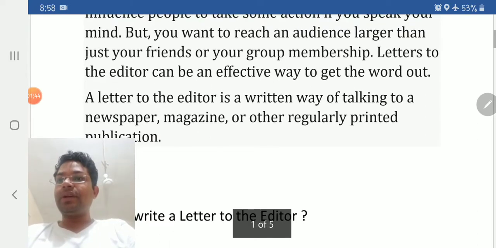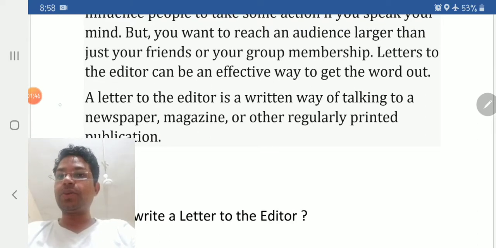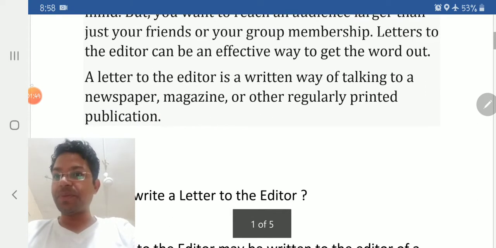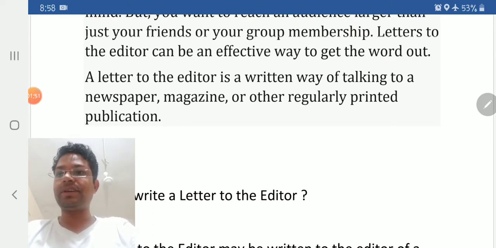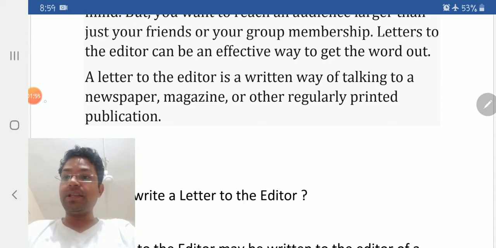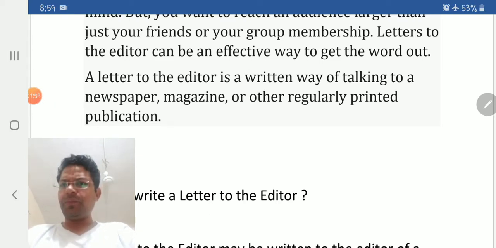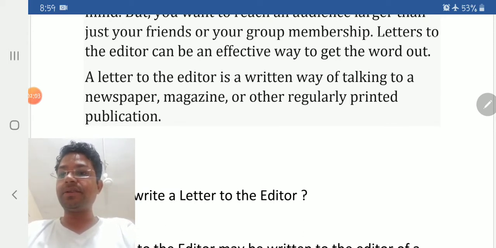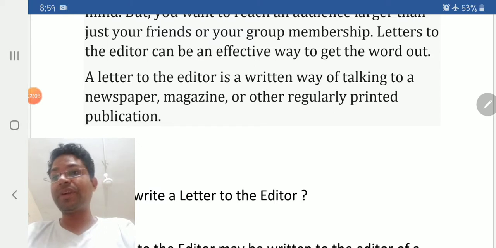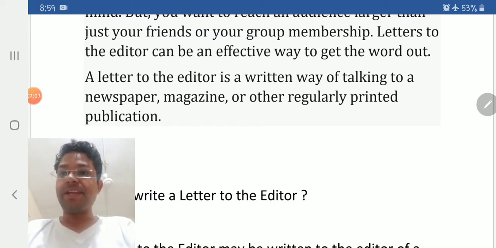Okay, so a letter to the editor is a written way of talking to a newspaper, magazine, or other regularly printed publication, and it is meant to be published either in a newspaper, in a magazine, or on the internet. Basically, it is the letter that you write to the editor, which can be a newspaper editor or magazine editor.